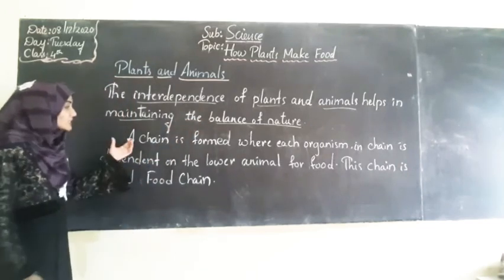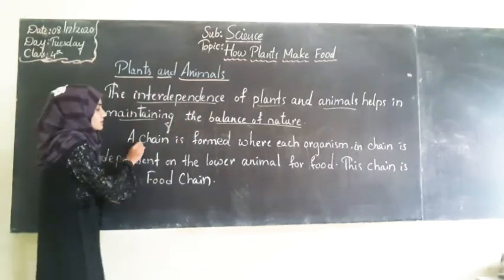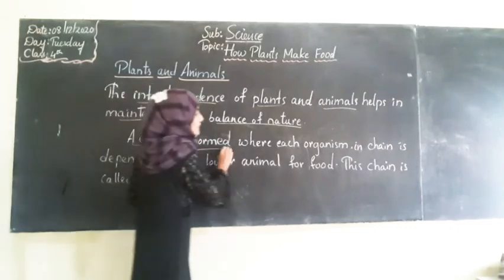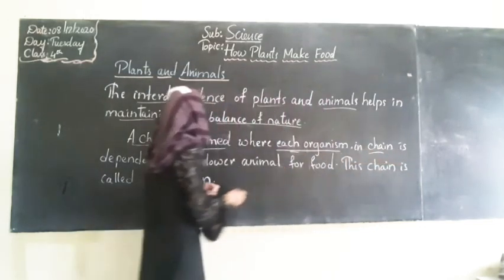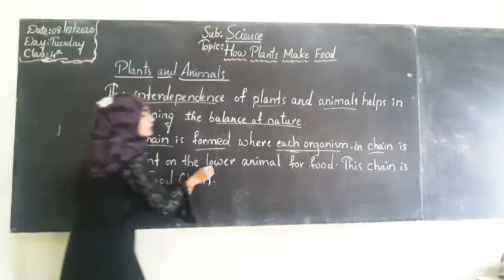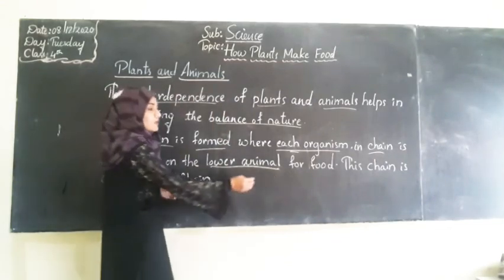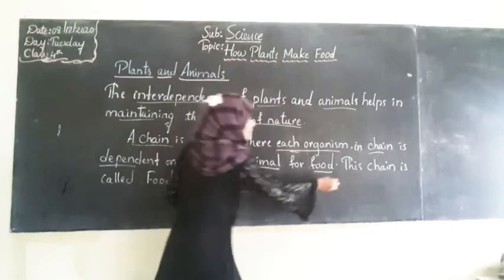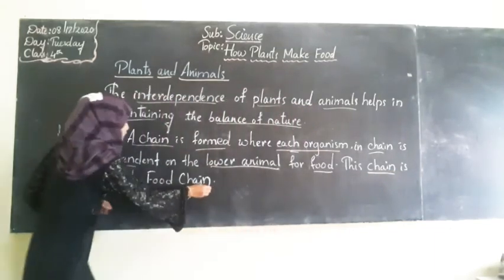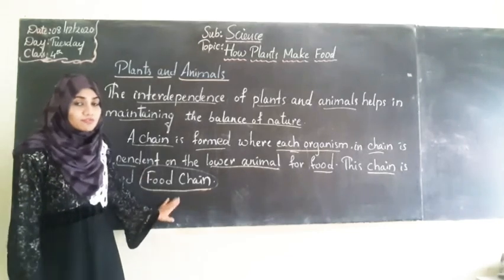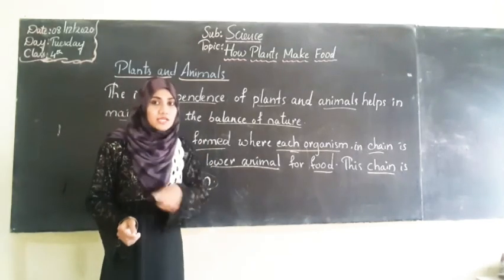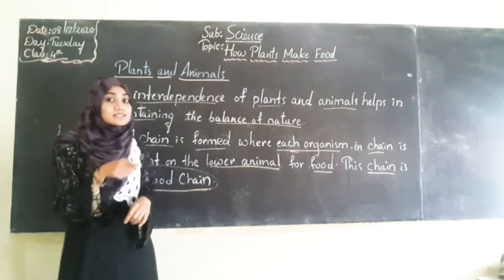So a chain is formed where each organism in the chain is dependent on the lower organism for food. This chain is called the food chain. So there is a new term, food chain. What is meant by food chain? The name itself indicates there is a chain.